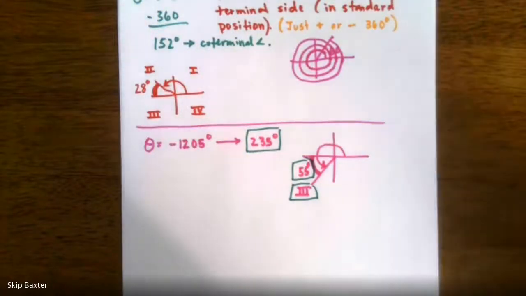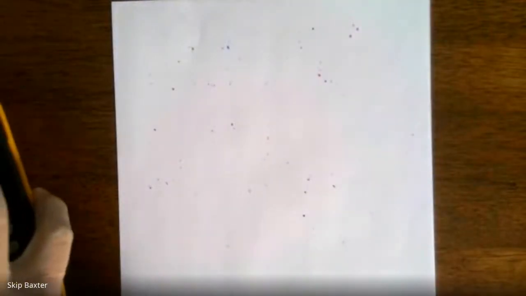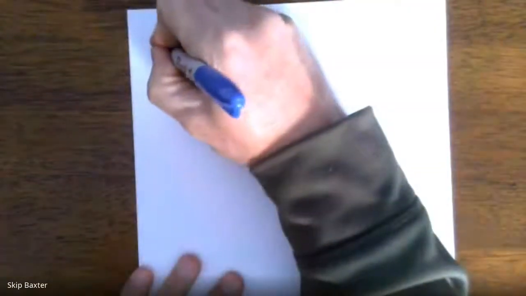Okay? And then the last type of question that you're going to see on your homework is questions where they give you an angle. For example, suppose they gave you something like 150 degrees.